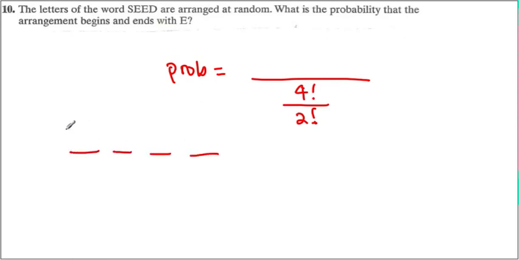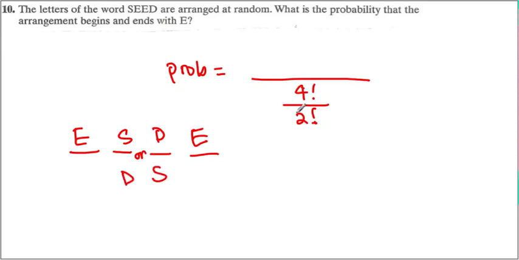how many possibilities do we have in the first slot? Any one of those two E's would be fine. But in fact, one way for us to look at it is this. This one has to be E, and the other one also has to be E. Those two are fixed. The only things we can move are S and D, which can be either here as SD or DS.